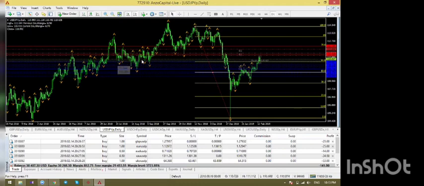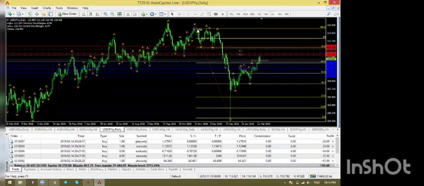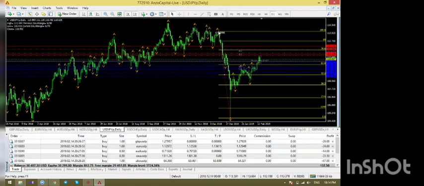Yes, exactly. So you see the 61 level is exactly right here on the pivots, and also the 50 is the same. I told you this the last session too, your Fibonacci is correct when they overlap.